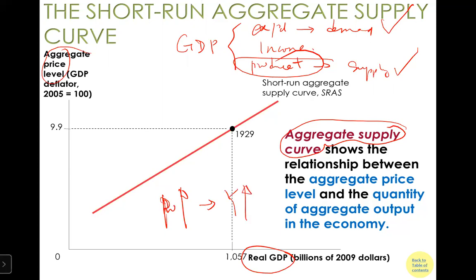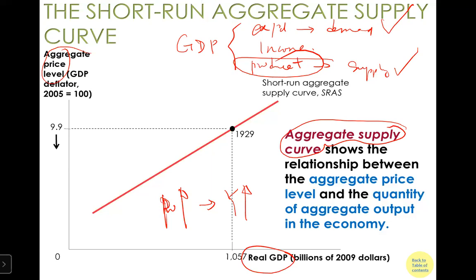But very interestingly, the reason for this upward slope is different from what we've seen in micro, and a little more subtle.